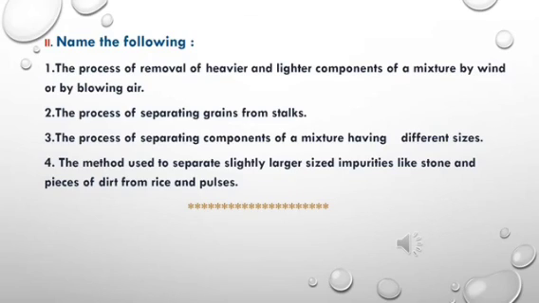Third one, the process of separating components of a mixture having different sizes. Fourth one, the method used to separate slightly larger sized impurities like stone and pieces of dirt from rice and pulses. Answers will be discussed.